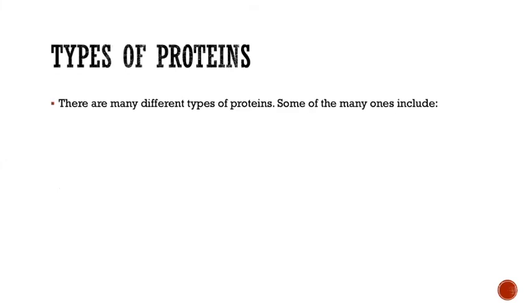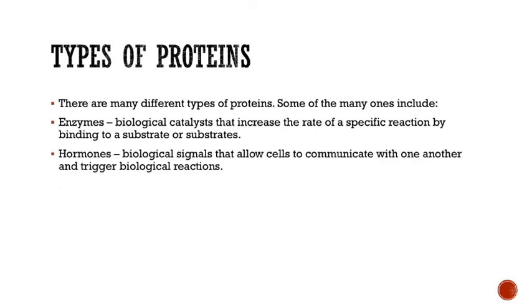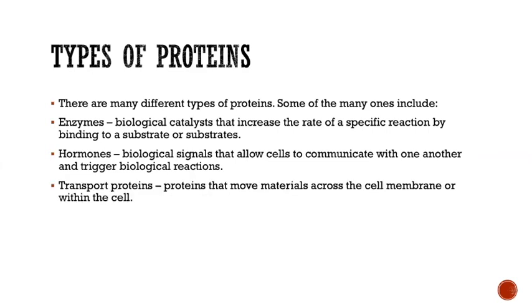And then some other types of proteins. You can have enzymes, which are biological catalysts that increase the rate of reactions by binding to specific substrates. So these enzymes are very specific for their specific reaction. Hormones, so these are biological signals that allow cells to communicate with one another and trigger biological reactions. Like when you're going through puberty, you have hormones flying all throughout your body.